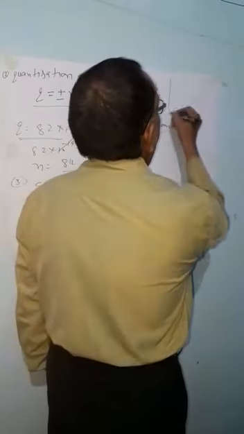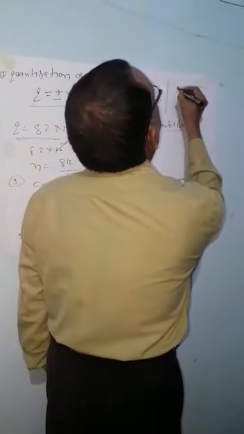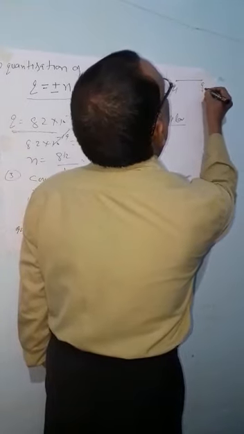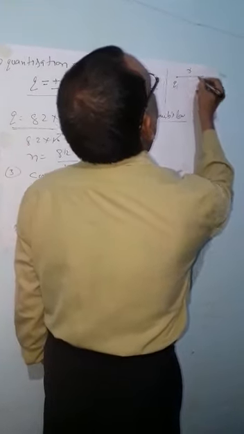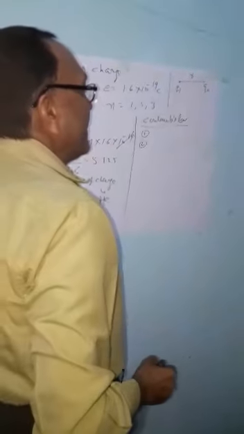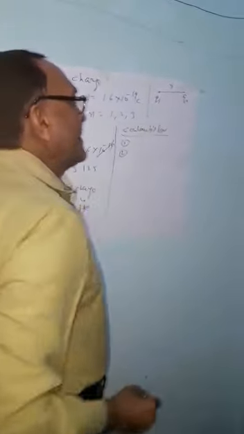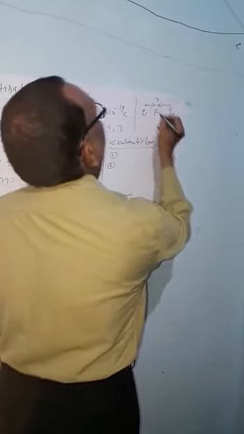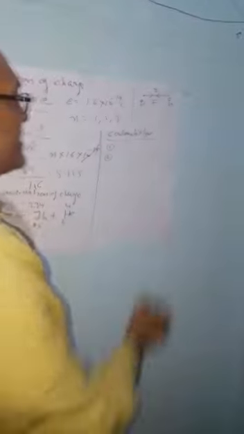Suppose there are two charges like this. One is here, Q1, the other is here, Q2. They are separated by a distance r. If both charges are similar, they will repel. If both charges are dissimilar, they will attract. It means there is a force of attraction. Suppose the force of attraction is F. Then this force depends on what?